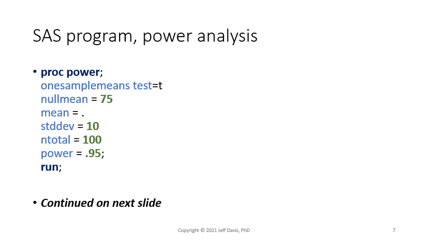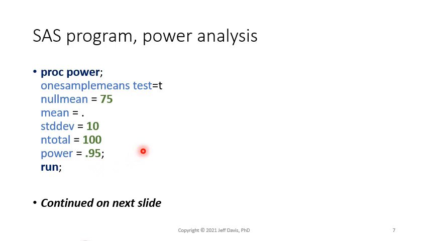So what mean would I have to observe, given a null mean of 75 and a standard deviation of 10 with a sample size in total of 100? What mean would I have to observe in order to reject the null? Now that last line there, power equal 0.95.